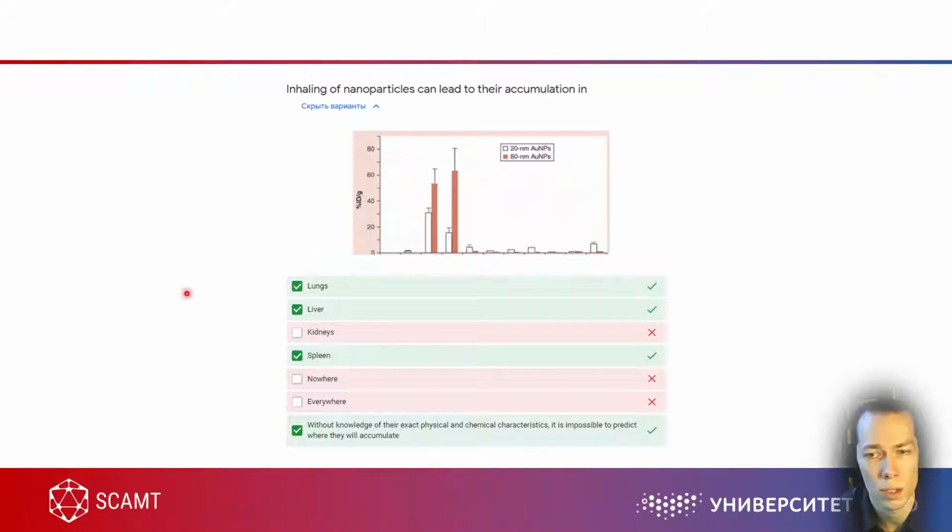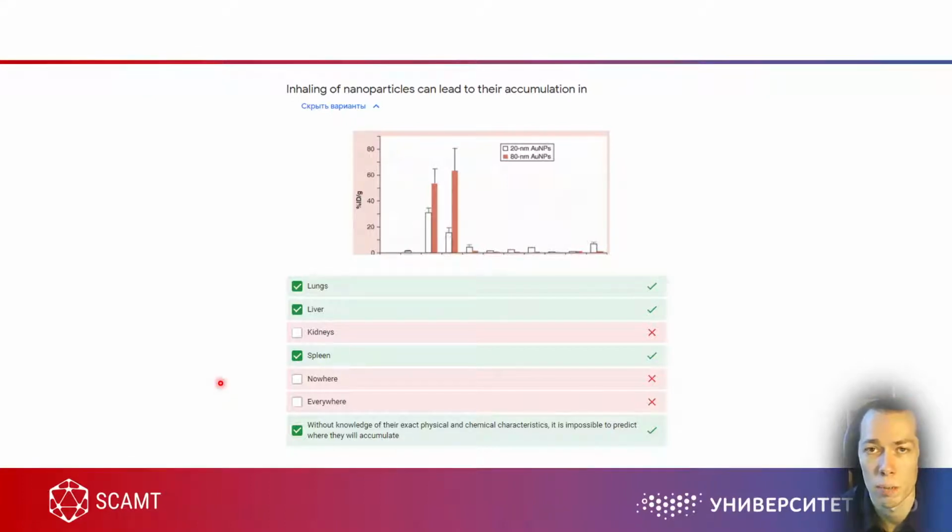Next question about kidneys. So kidneys, in most of the cases, are not the option. Nowhere it definitely will not accumulate, at least in lungs, and everywhere, well, it's a bit bold to say everywhere, because we have so many organs and tissues in our organism, for example skin.